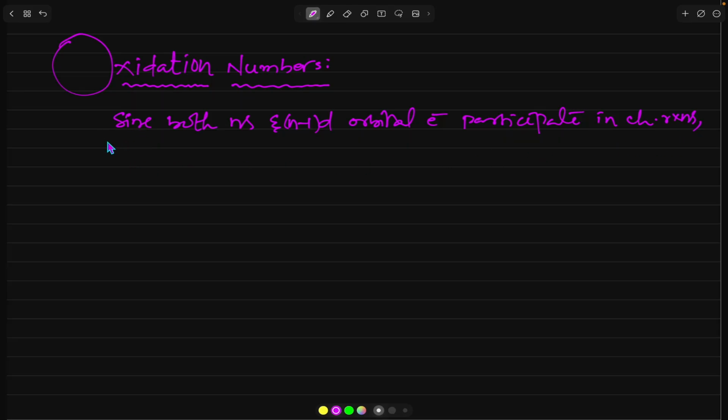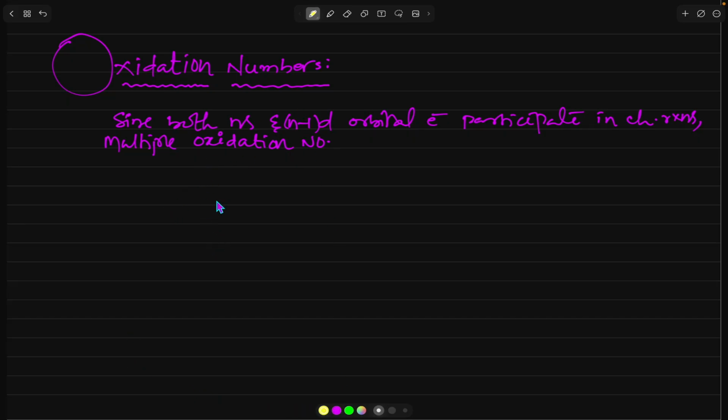So these elements exhibit multiple oxidation numbers.